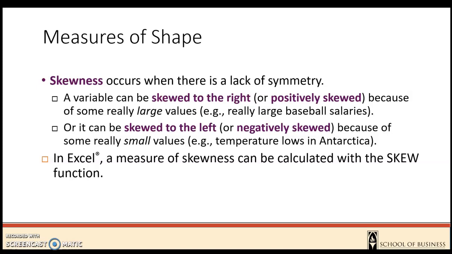Or you can be skewed to the left because of some really small values. So if you're measuring temperature lows in Antarctica, it gets cold there. I've had a friend that went there, she collected meteorites. It's cold. So it kind of skews the data off to the left, and so you have a long tail off to the left. We can measure skewness in Excel using the SKEW function.